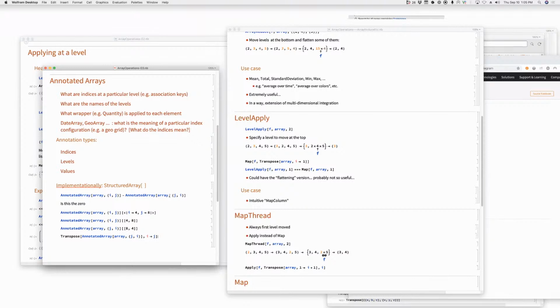I think the answer to this is 0. No, it's not. This is what I showed a couple of weeks ago in Exact. What Exact would do there is simply produce a new single annotated array, which is array minus transpose of array, comma ij. Yes, this is correct. That is what is done everywhere.